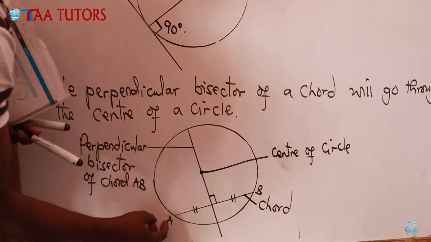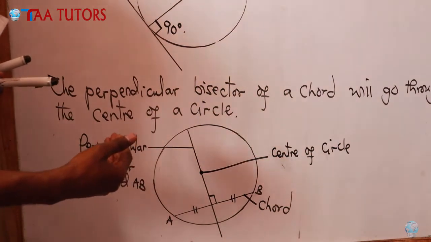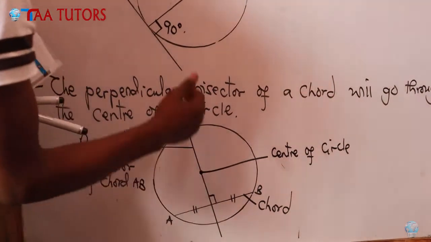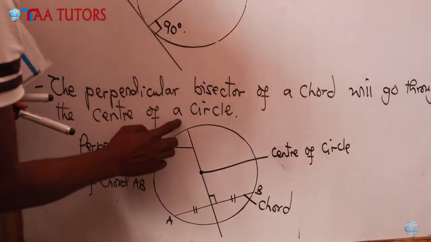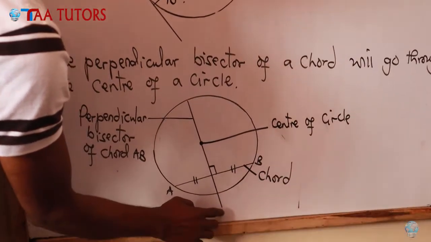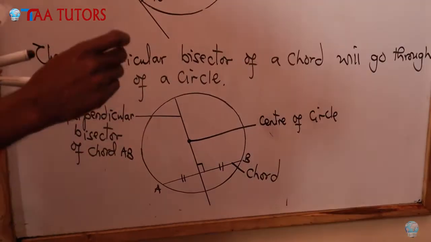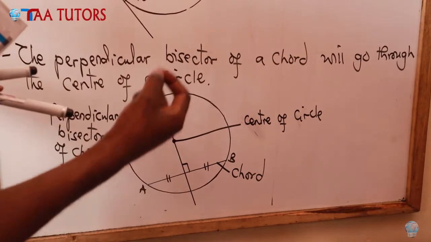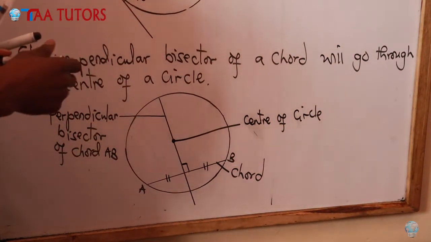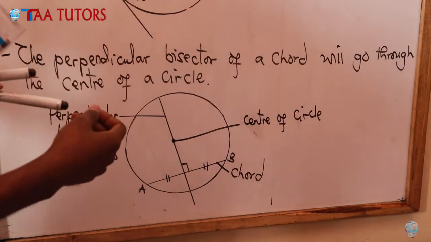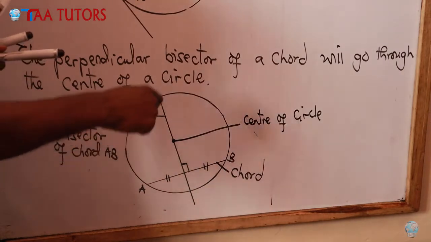If you perpendicular bisect that chord AB, meaning you divide it into 2 equal parts, that bisector will be a straight line passing through the center of that circle. That is something we are supposed to appreciate, and we are going to use that concept to analyze circles in coordinate geometry.